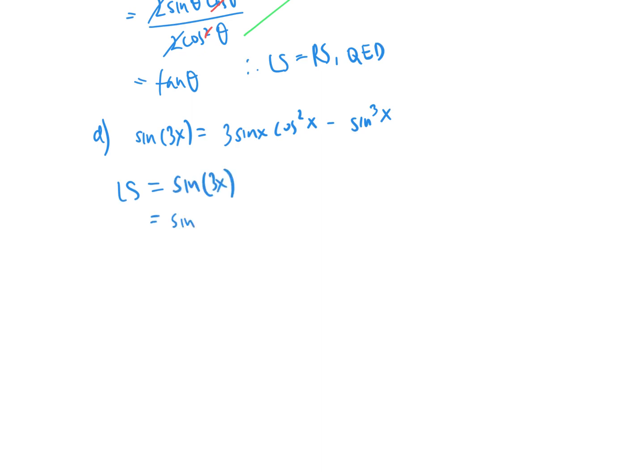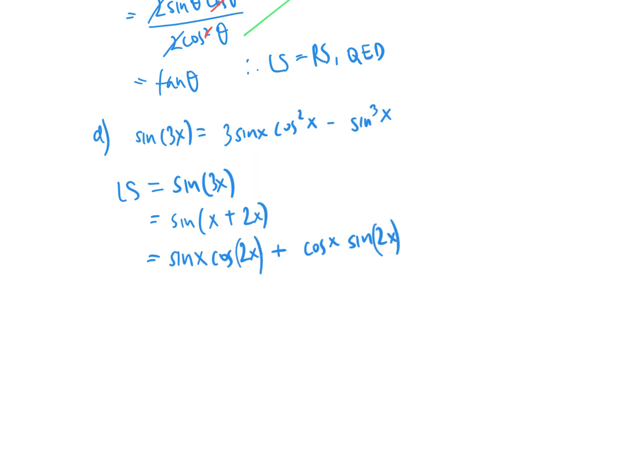Well, I can write 3x as x plus 2x, which is going to allow me to use the compound angle formula and then a double angle formula later. So the compound angle formula gives sine x times cos of 2x plus cos x times sine of 2x.